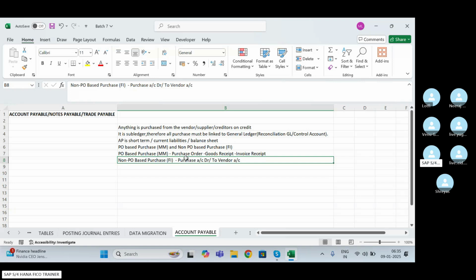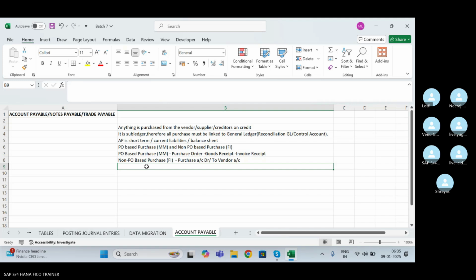purchases. Now, as I said, to perform the account payable journal entry, you must have the vendor master. Vendor master is mandatory. Without the vendor master, you cannot post the purchase journal entry, because in every account payable journal entry, the vendor will come either in the debit or in the credit.